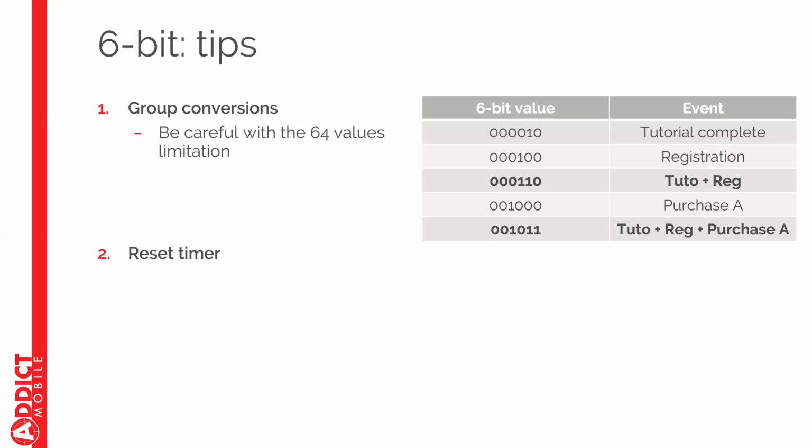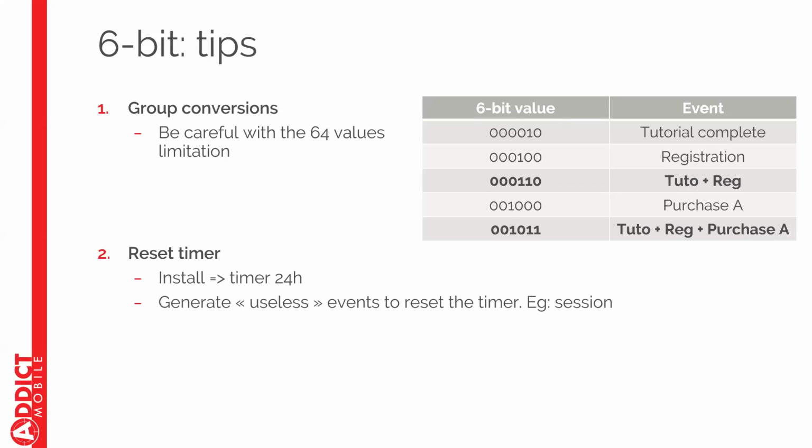Another thing is to think about resetting the timer. It's a risky approach, and I'll explain why. First of all, you have a timer that's 24 hours. We've talked about it. What you can think of is generating useless events to reset the timer.